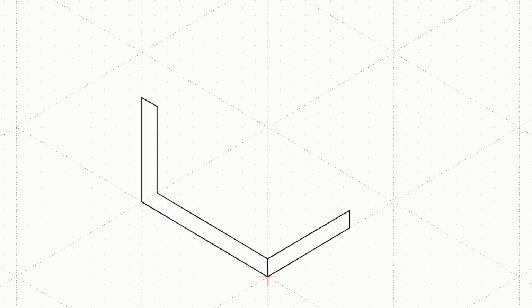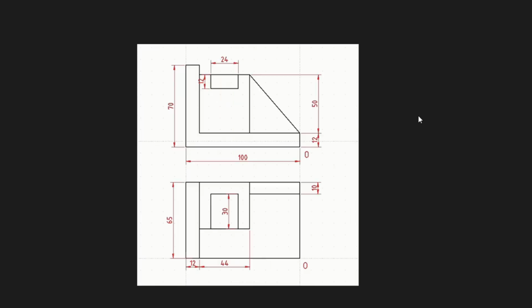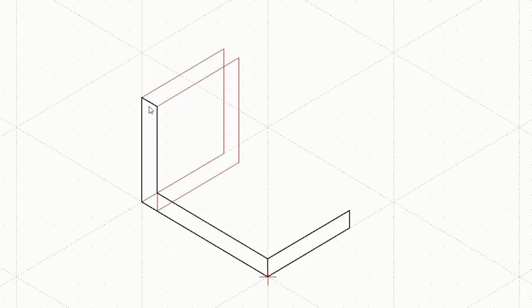Now, in addition to that, in the top view, this particular part, 65 mm in length and 12 mm in width, is also visible. So let's draw that. This is basically the top portion of the wall. So this is also visible.